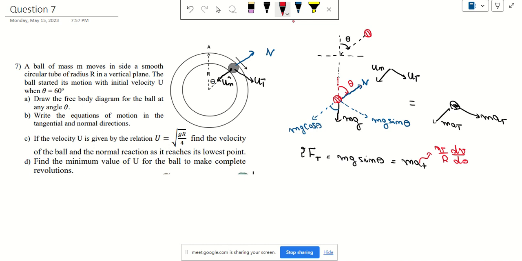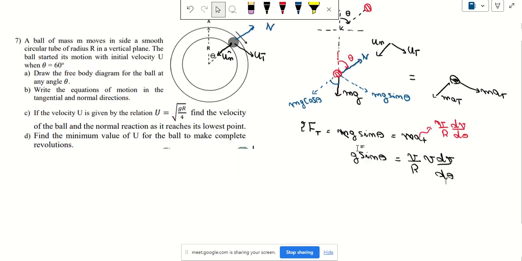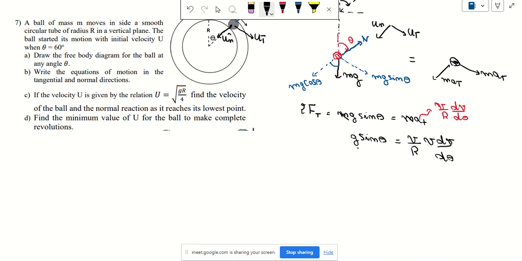So I will rewrite this equation, but first I will cancel m. So g sine theta will be equal to v over r v dv by d theta. Okay, so I will separate the variables.